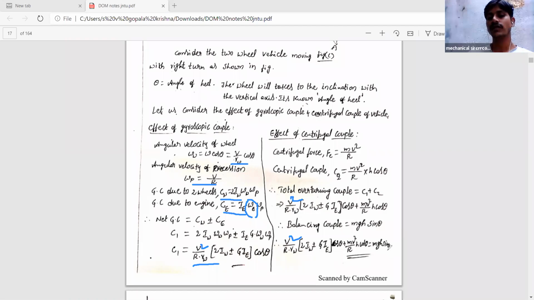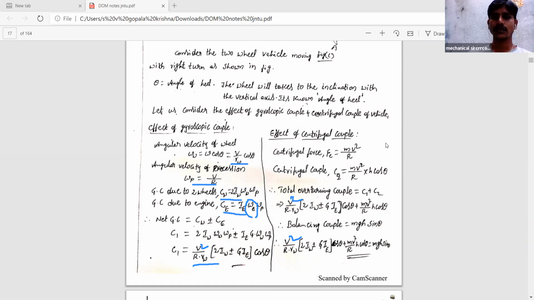So when overturning sometimes occurs, the vehicle is able to withstand it by the help of the balancing couple, whose value is mgh sin theta.